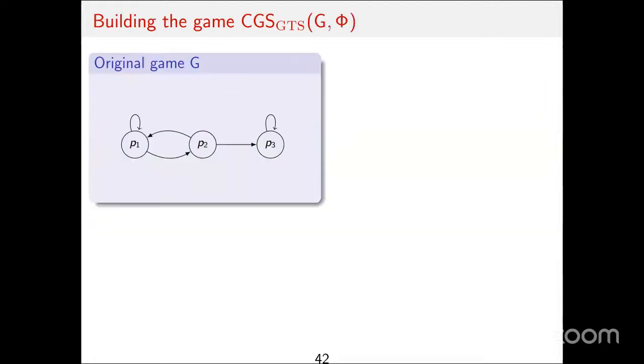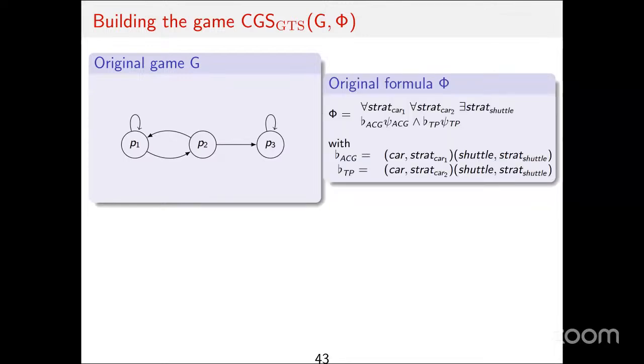Okay. How do we build the game? The idea is we take the first game, we take the first formula. So I have taken the same formula as before, where we have our two goals for anti-collision guarantee and traffic protocol. And what we focus on are the bindings. And we put ourselves in the initial position of the game, but we decorate this position with the current bindings.